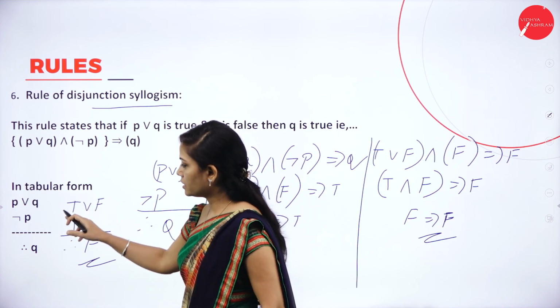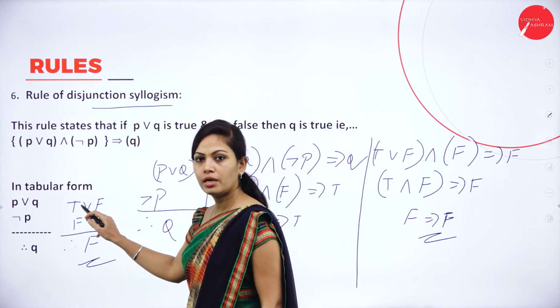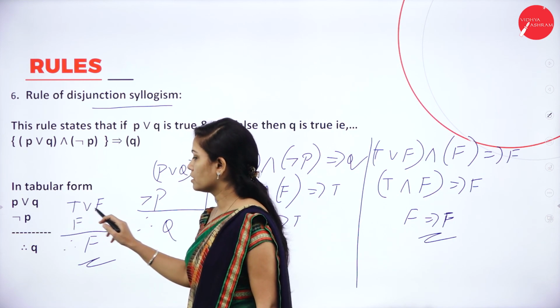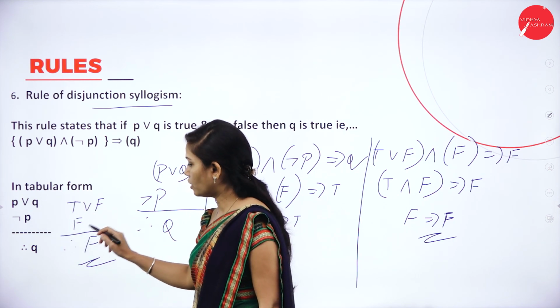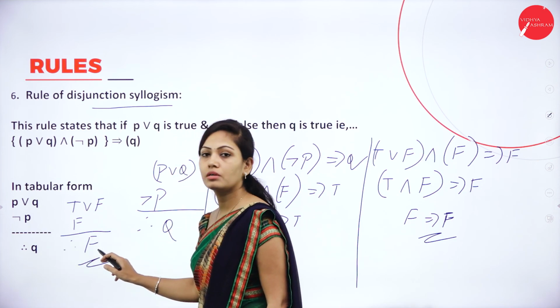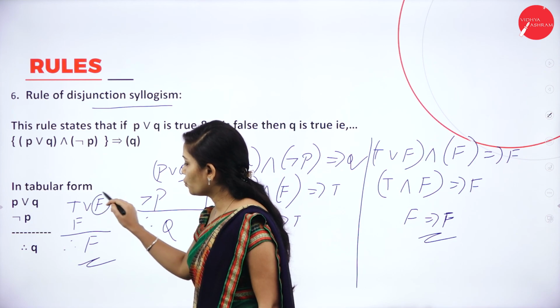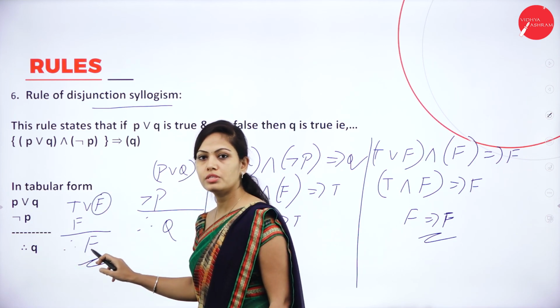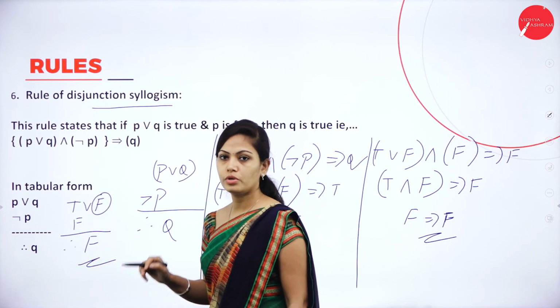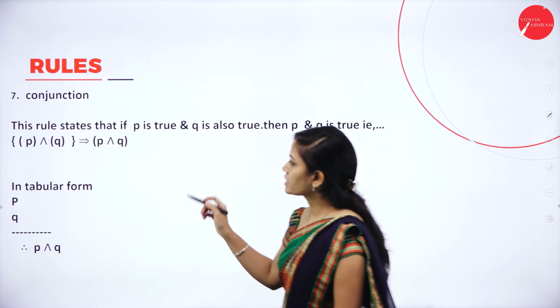Here, I am applying the statement if P is true or Q is false, then negation P means it is false. So, the conclusion is false. Clear? So, the conclusion is false because Q is false. Therefore, Q is false. P is true. Q is false. And the next rule is conjunction.